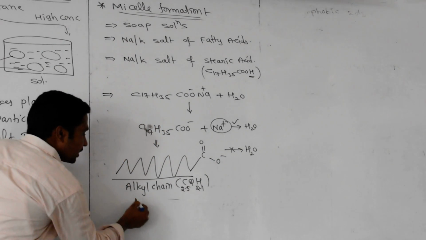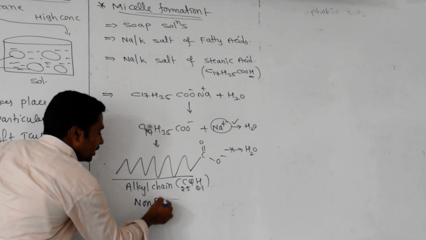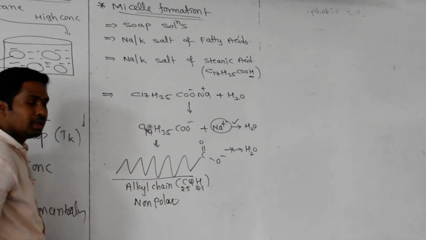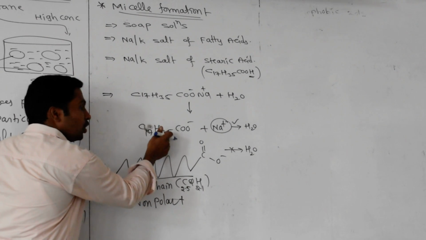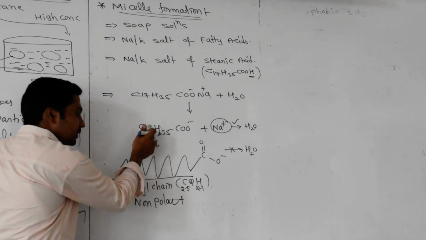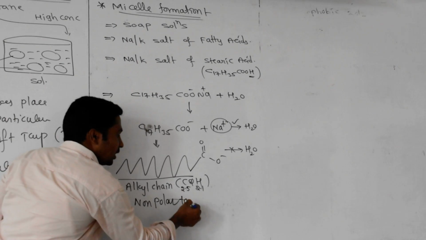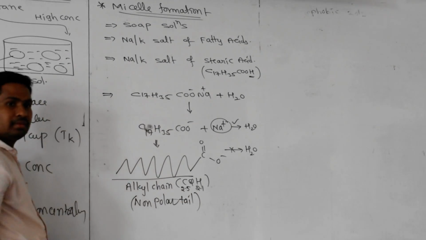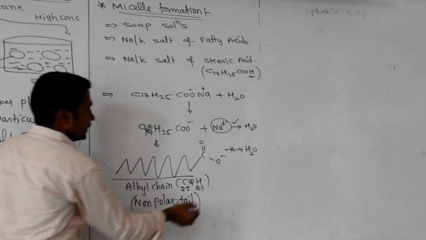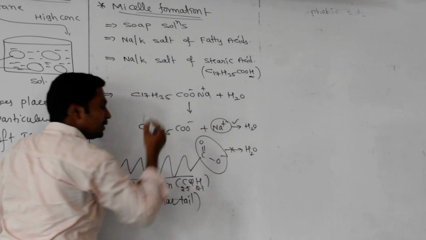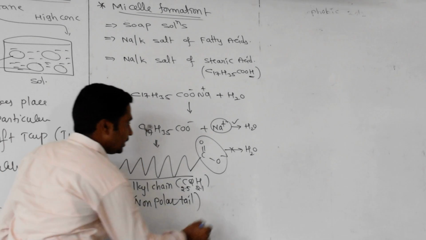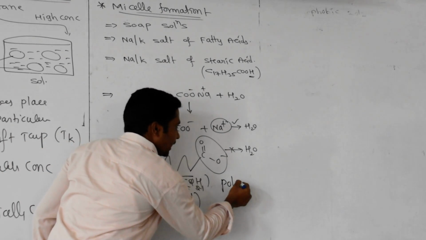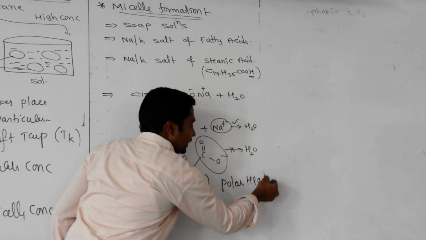That's why the alkyl chain is non-polar, like a tail. In the stearate ion, whatever organic chain is there is considered the non-polar tail. Coming to the head, this part has some polarity. Yes or no? Some charges mean polarity will be there. That's why it is called the polar head.